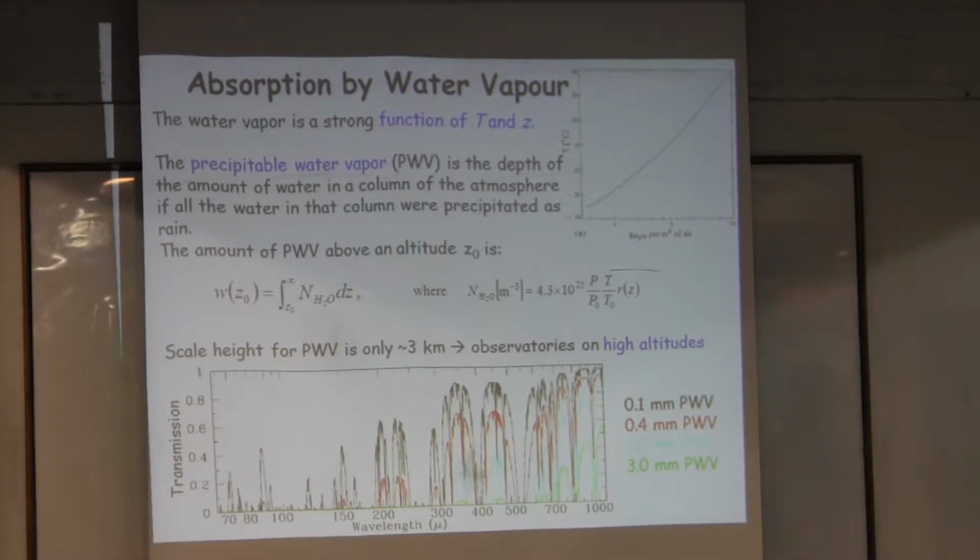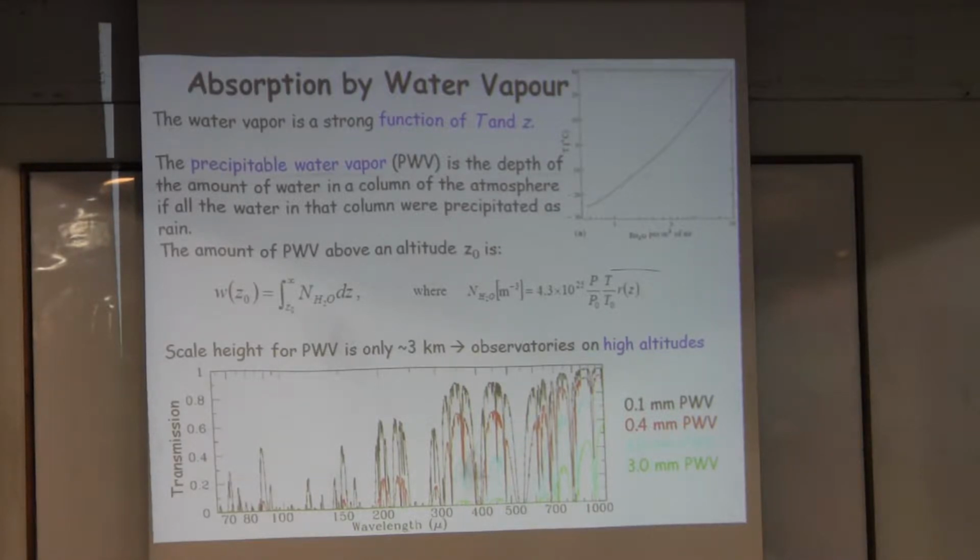You just need to look at the light at the absorbed wavelengths and the light at the transmitted wavelengths, and the ratio tells you immediately what the precipitable water vapor is.